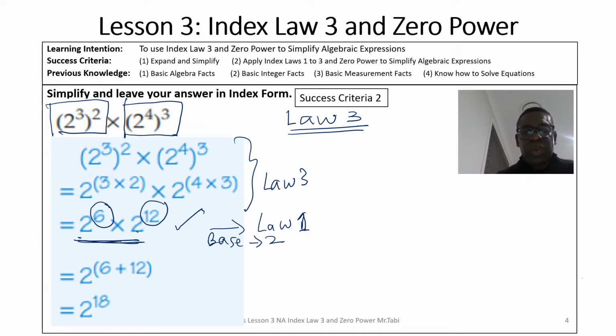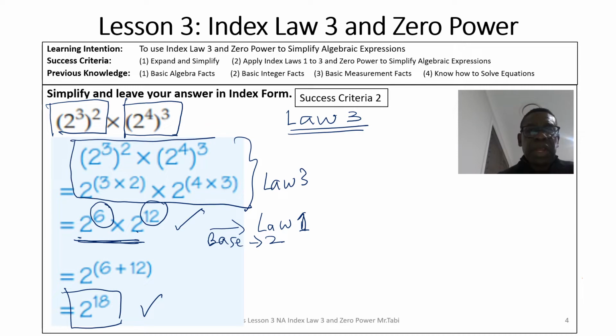So 6 plus 12 gives you 18. So we used law 3 in the first step to simplify that part. Up to there, that was law 3 we were applying, and we apply law 1 here to get that.